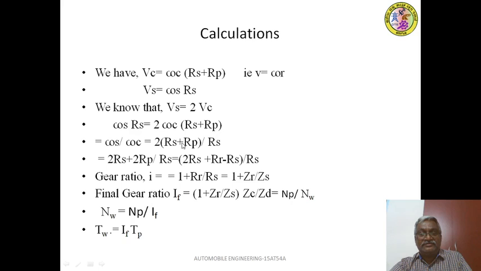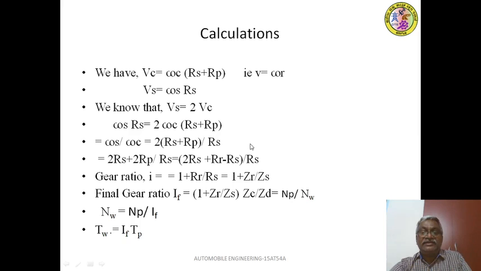Multiply this: 2Rs plus 2Rp by Rs equals 2Rs plus Rr minus Rs. Instead of 2Rp, we have written here Rr minus Rs.